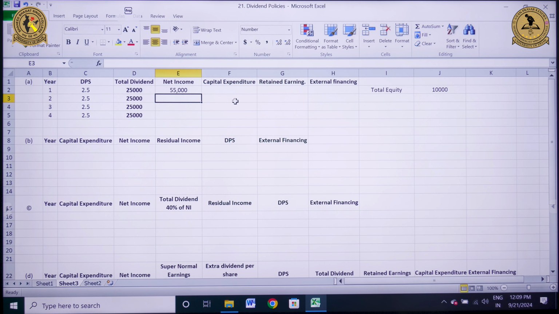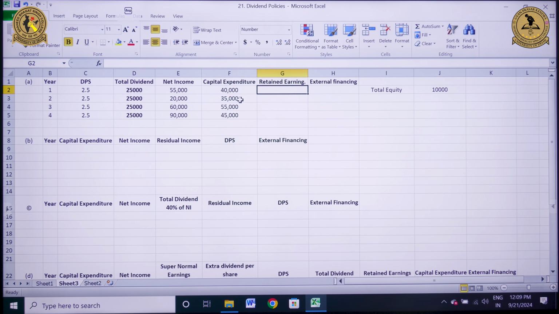So it is 55,000 in year 1, 20,000 in year 2, 60,000 in year 3 and 90,000 in year 4. The capex information has also been specified, which is 40,000 in year 1, 35,000 in year 2, 55,000 in year 3 and 45,000 in year 4.